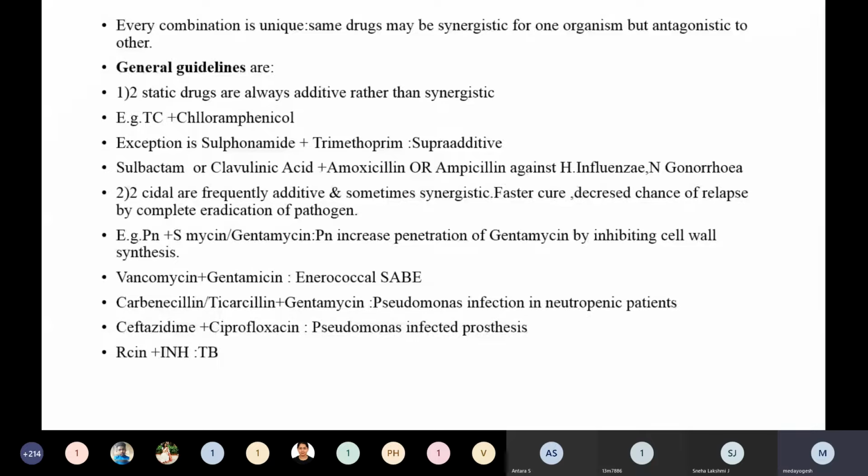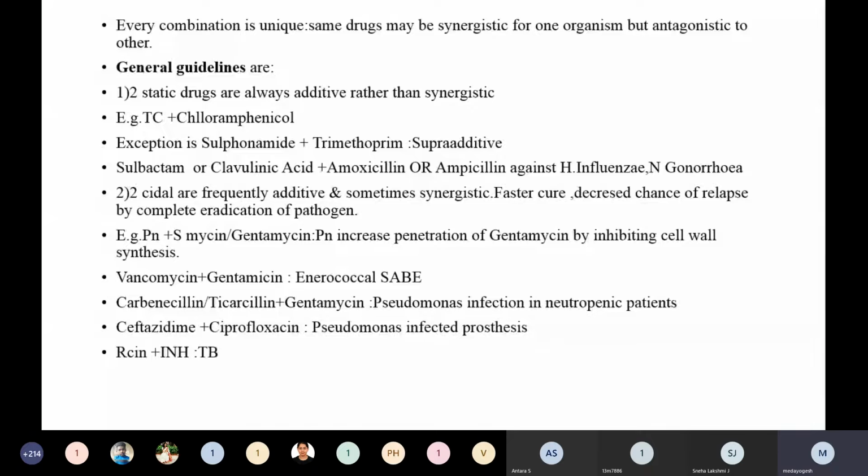As told previously, penicillin increases penetration of gentamicin by inhibiting cell wall synthesis. We can combine vancomycin with gentamicin to treat enterococcal subacute bacterial endocarditis.